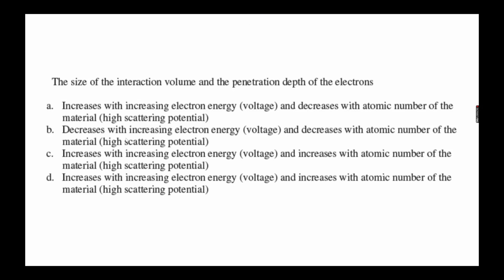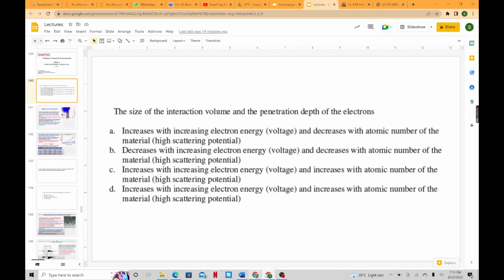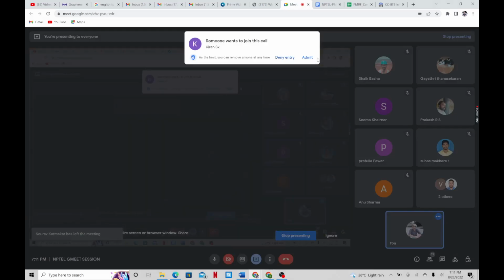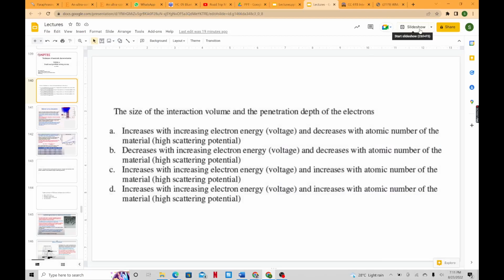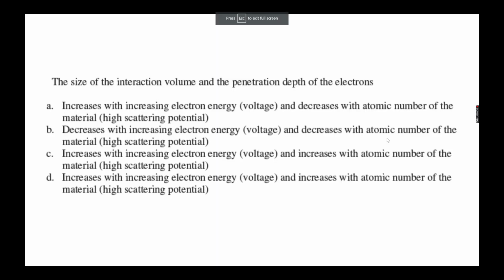They are asking about the relationship between the electron energy, which is nothing but the voltage, and the atomic number of the material. They have given some combinations of the voltage as well as the atomic number of the material.